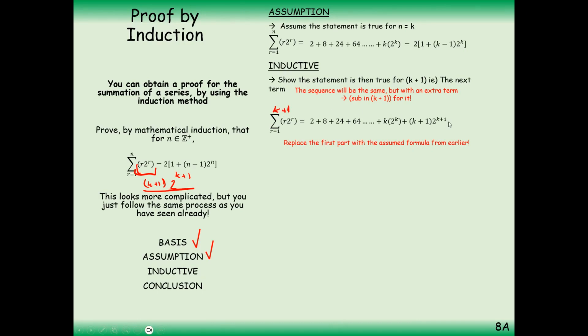So then these were all the terms that we had above in the assumption step. So we can replace these two underlined red values with 2 multiplied by all that bracket there that I'm showing with double underlining.